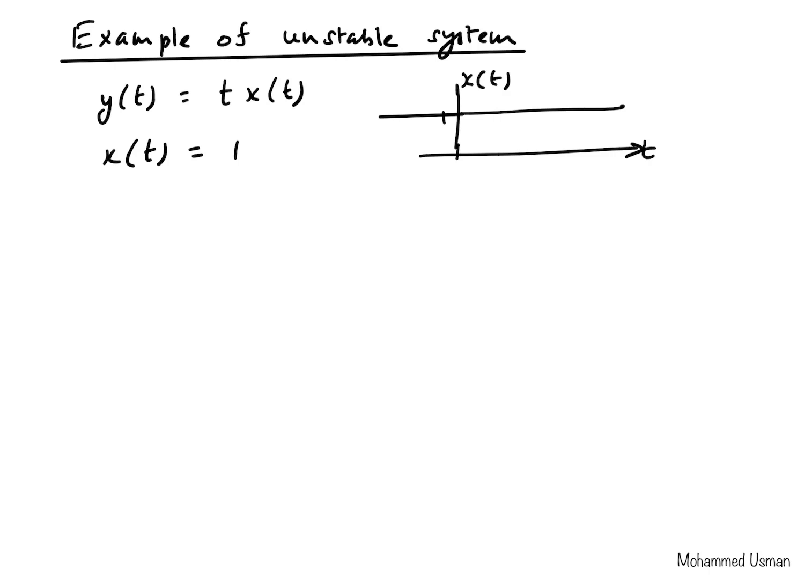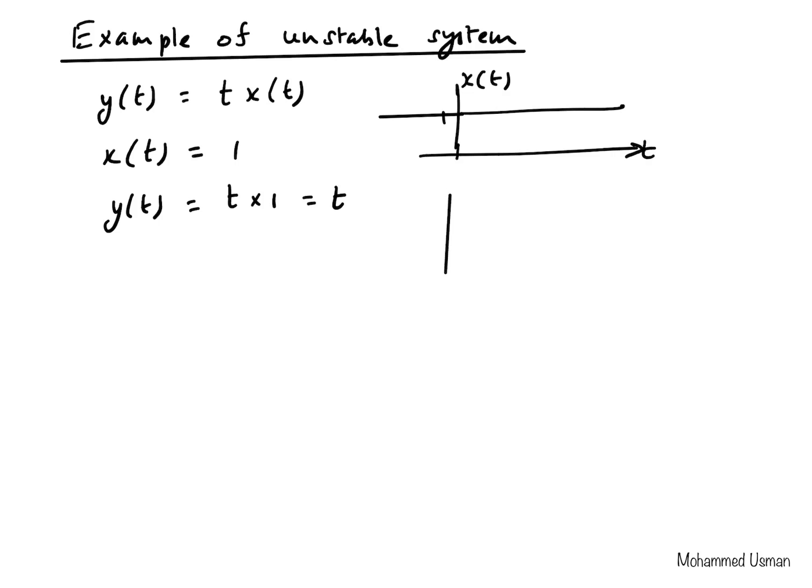And when the input is bounded, what is the output in this case? For all t, x of t is equal to 1. So the corresponding y of t is equal to t times 1, which is equal to t. That means the output is going to grow out of bounds.